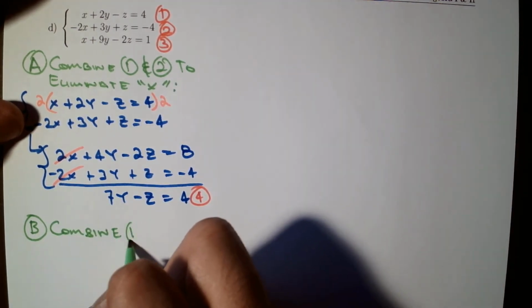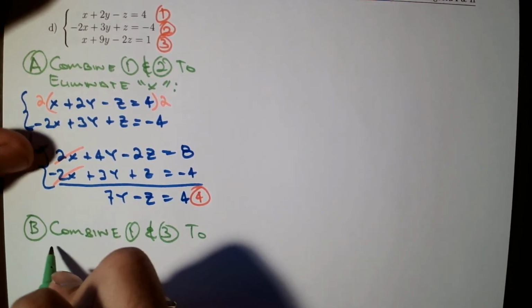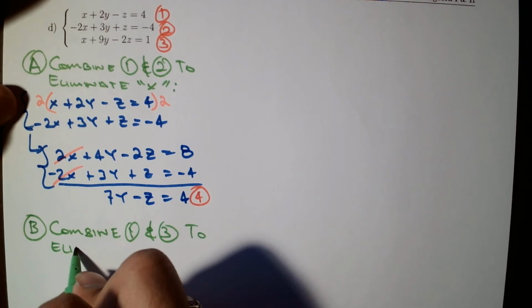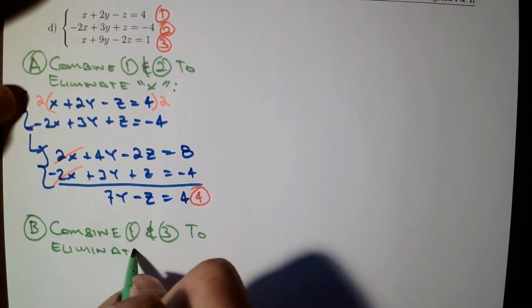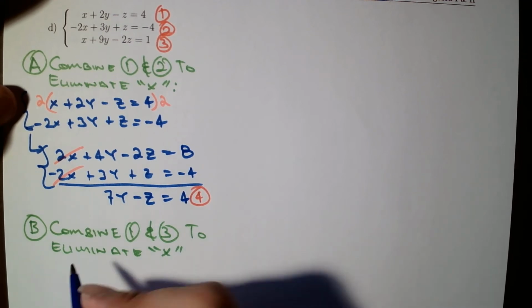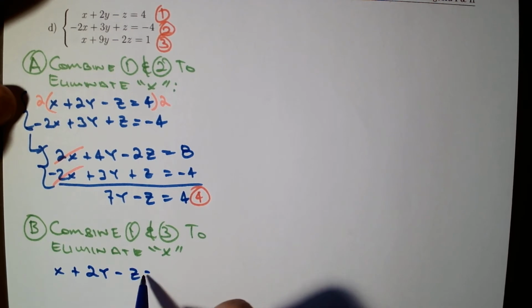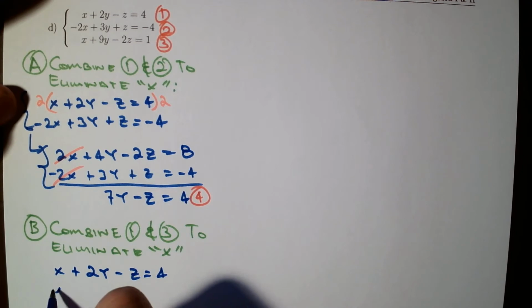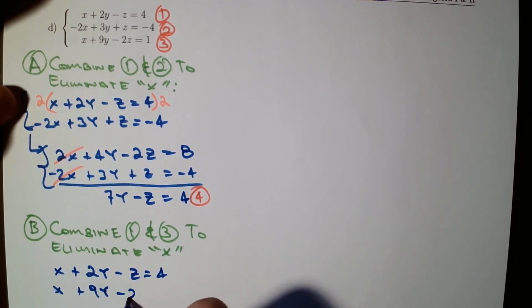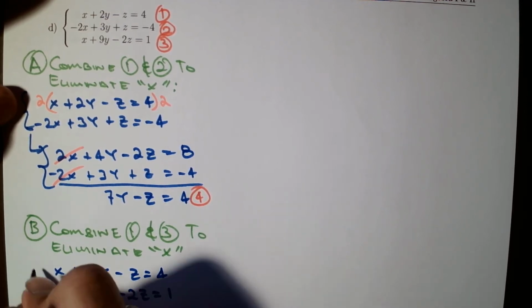So combining 1 and 3, x plus 2y minus z equals 4. Combining with the third equation, that's x plus 9y minus 2z equals 1.